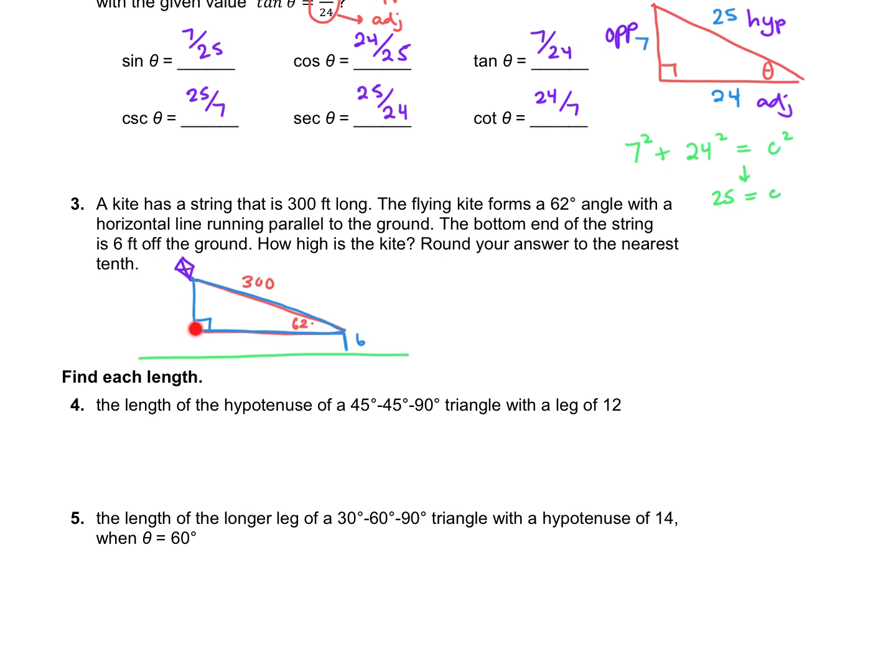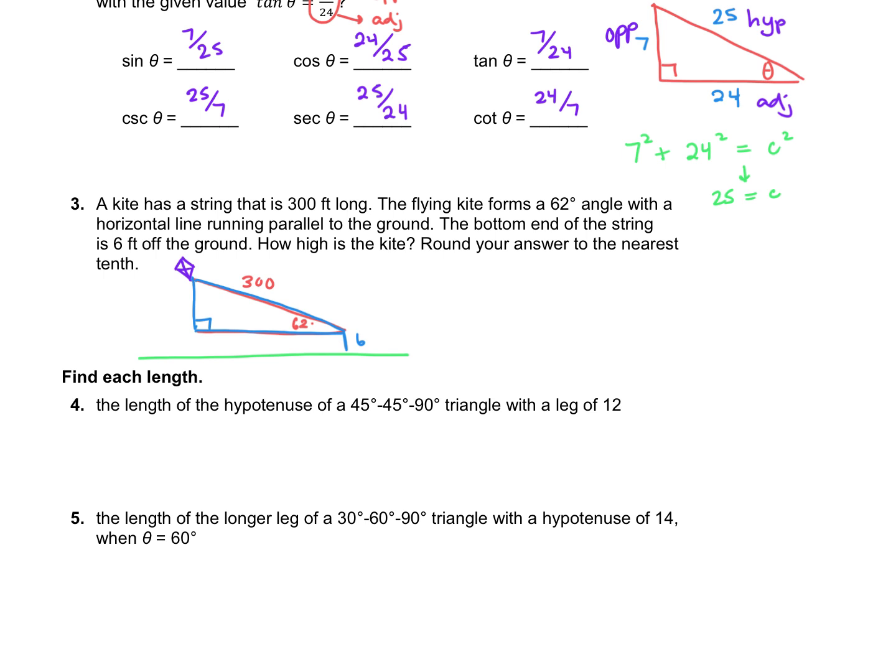So we're going to figure out this part of the triangle. We're trying to find the side of a right triangle, so Pythagorean theorem would be awesome to use. However, you can only use Pythagorean theorem if you know two sides of a right triangle. We only know one side, so we cannot use Pythagorean theorem.